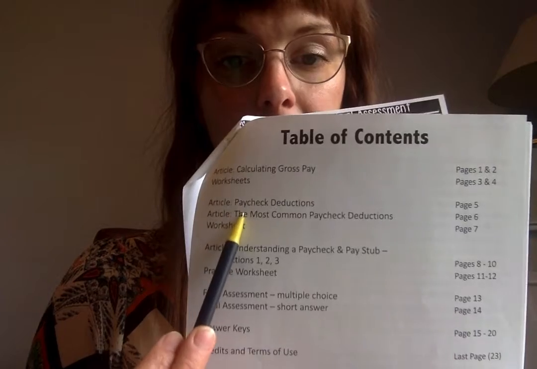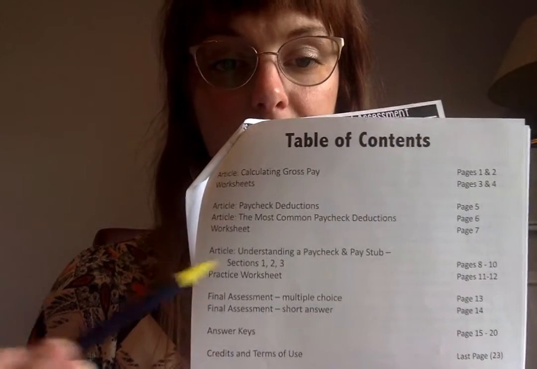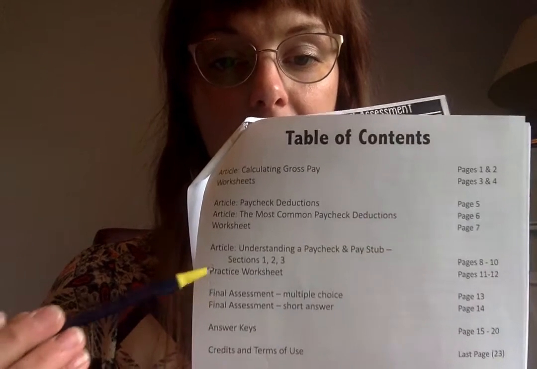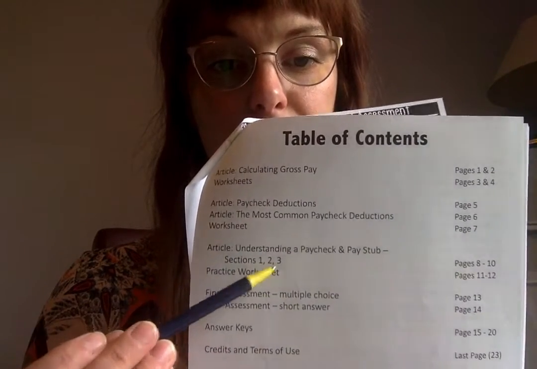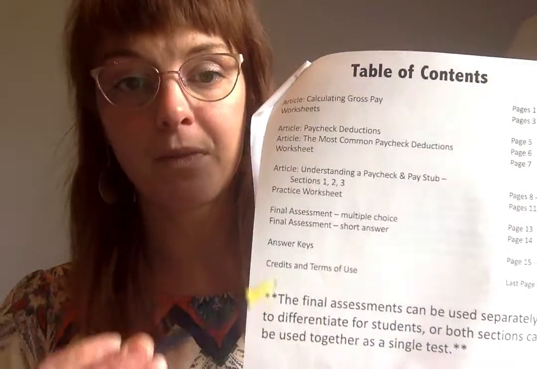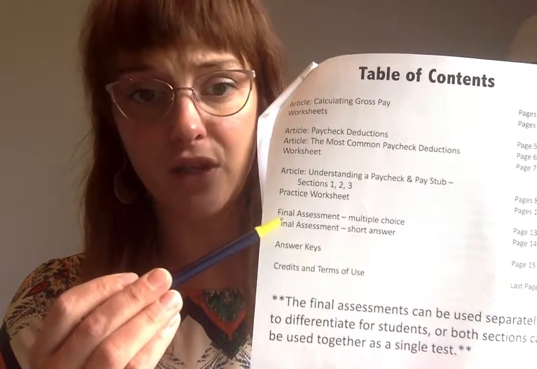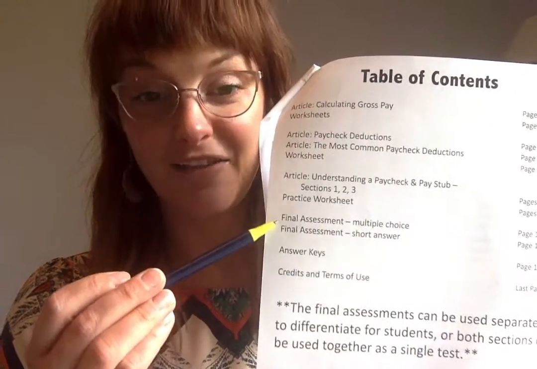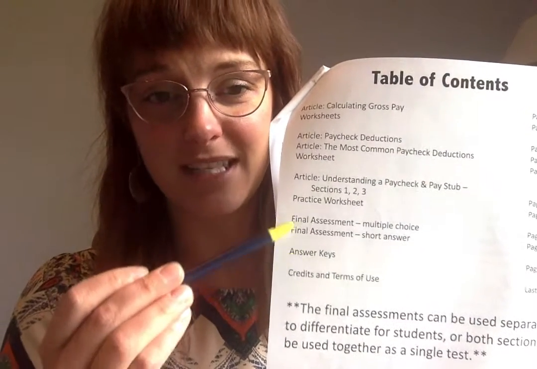We're going to look at paycheck deductions, a couple of examples of different pay stubs, and then you are going to be completing this practice worksheet on finding information on a pay stub like we've done before in the training room. I left out the final assessment and the answer key in your packet, so if you don't have those, don't worry.